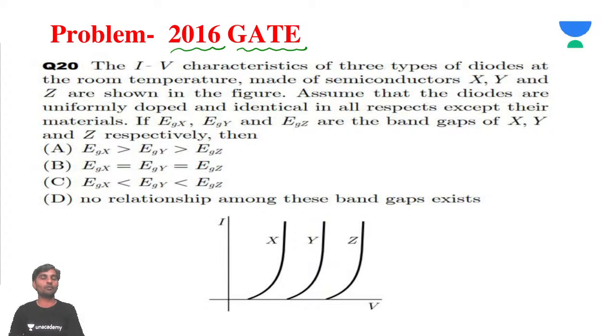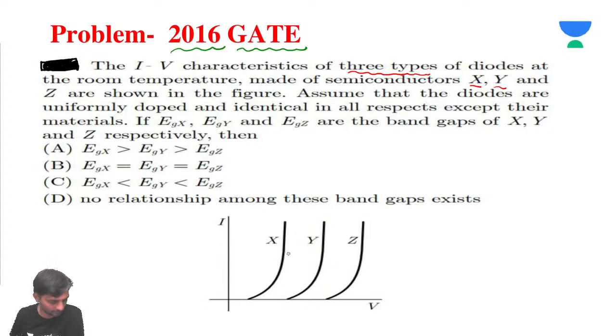So this is a theory problem. The VI characteristics of 3 types of diodes at room temperature, made of semiconductors X, Y, and Z, are shown in the figure.